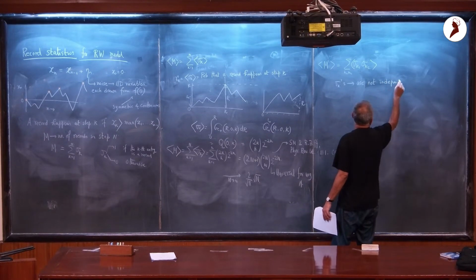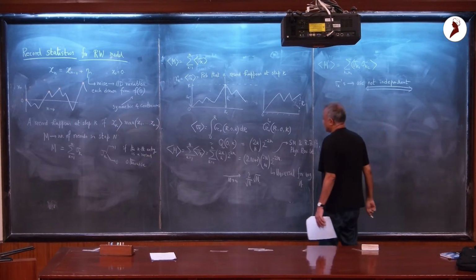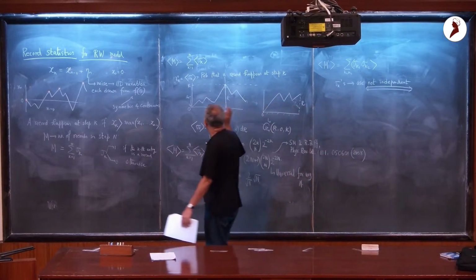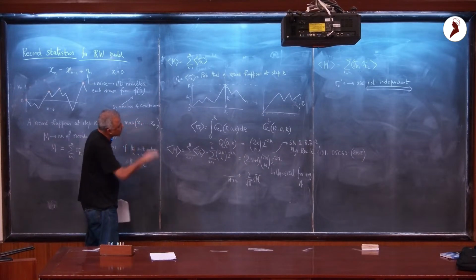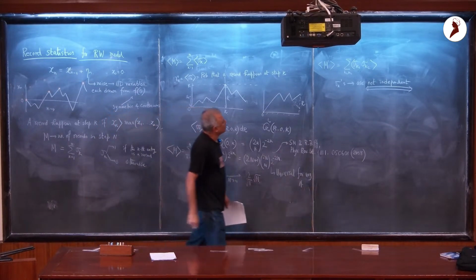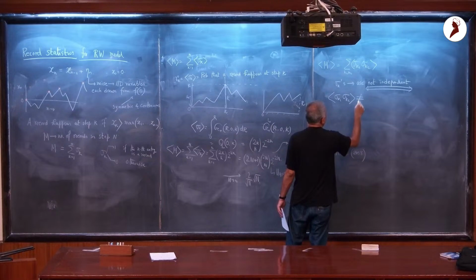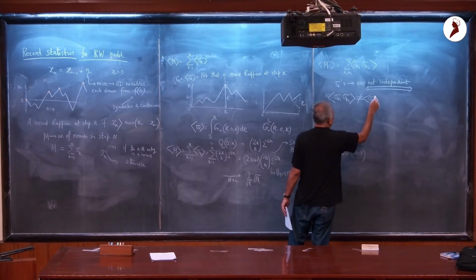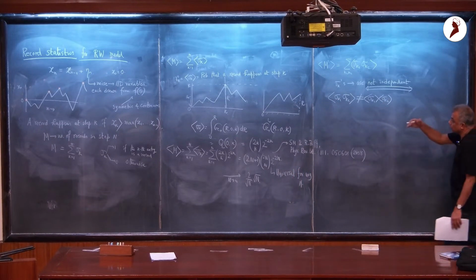They are correlated. You can check that up to 2, or you can just do it by computer simulation. What you find is that the average of sigma k1 sigma k2 is certainly not equal to the product of the averages. And again, this is due to the strong correlations between the xi's.